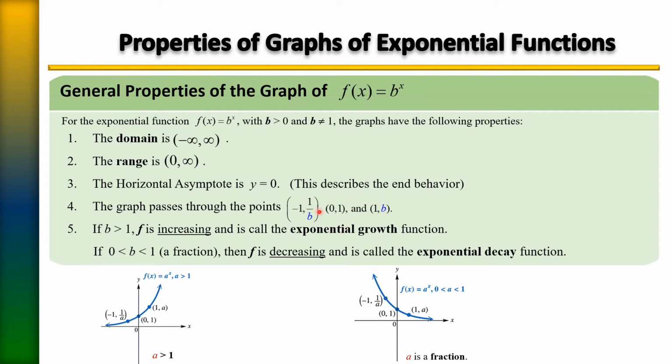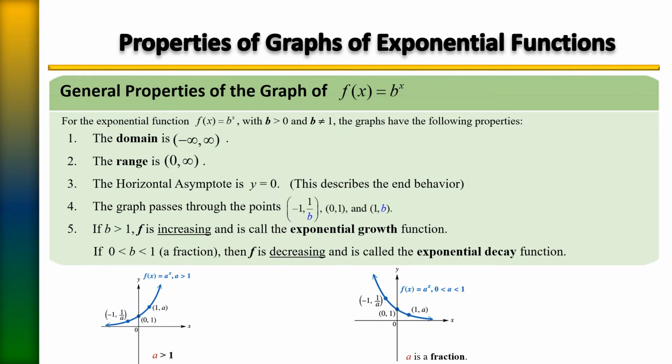One other important characteristic about an exponential function is that one of its points is always going to be (0, 1). Notice with the exponential growth function, the increasing function, there's the point (0, 1). You also see that point in a decreasing function, an exponential decay. There it is, (0, 1).